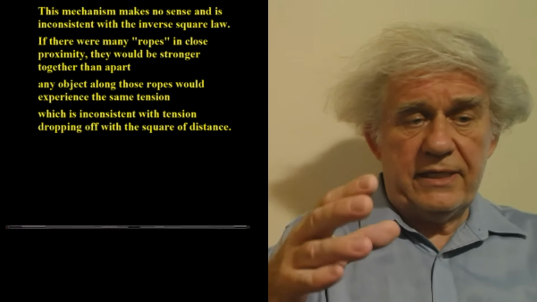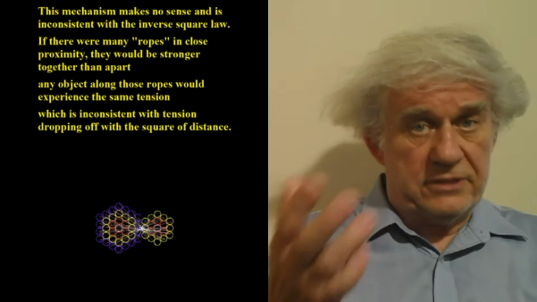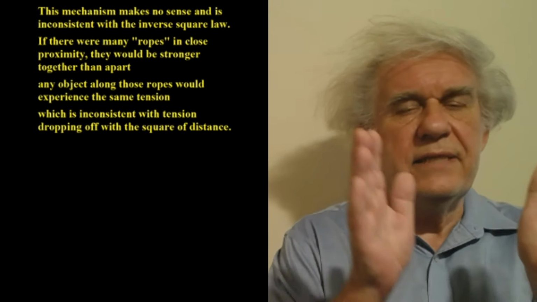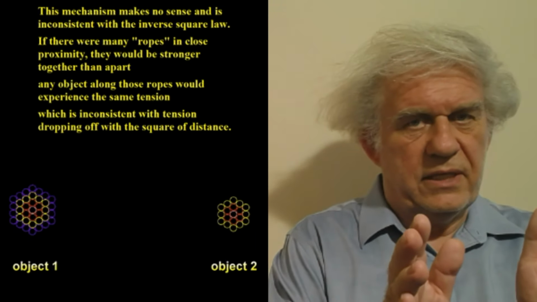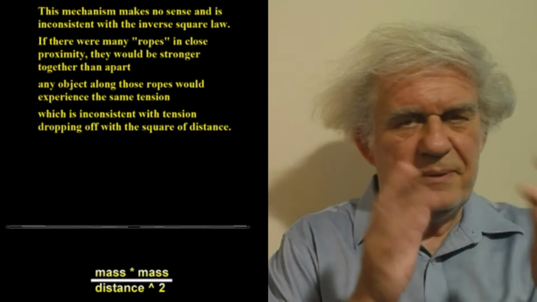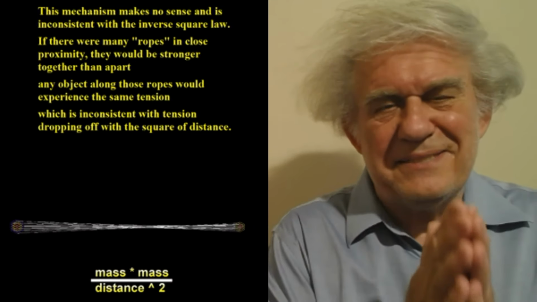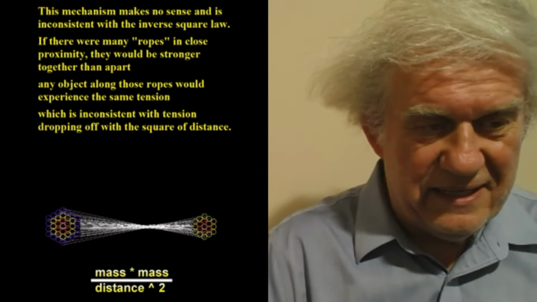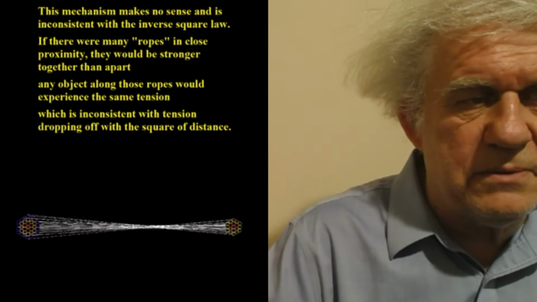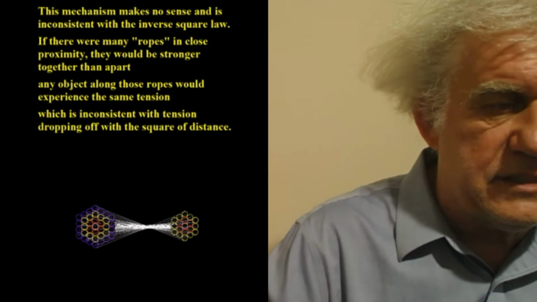And so the closer they get, the faster they come to each other, acceleration of gravity. Why? Because the ropes fan out. There's more and more independent ropes, okay, simply as a function of distance. And these people they can't understand something as simple as that. And so he says it should be inconsistent with tension dropping off with the square of a distance.